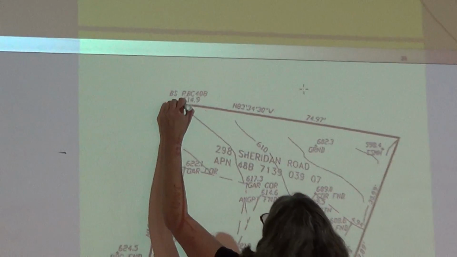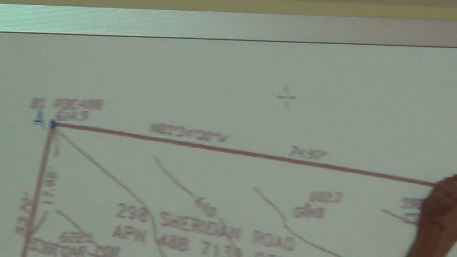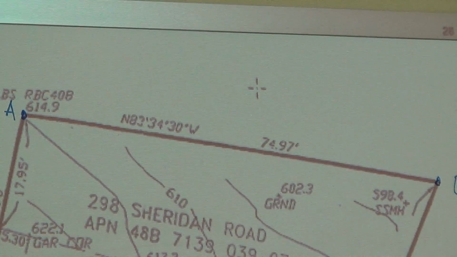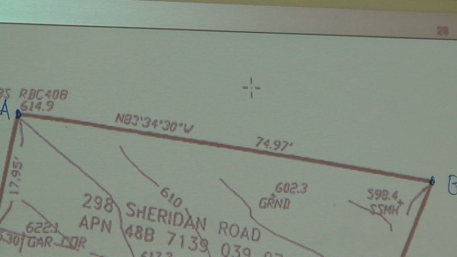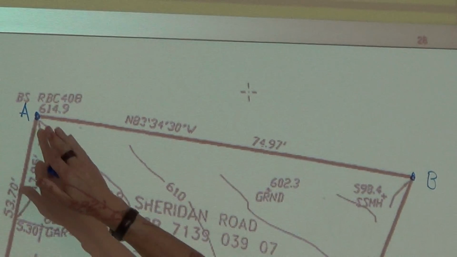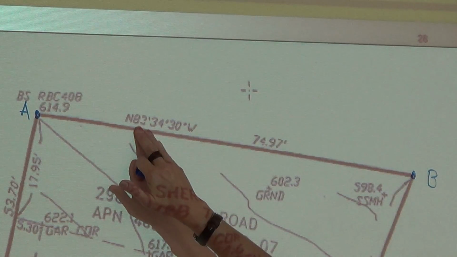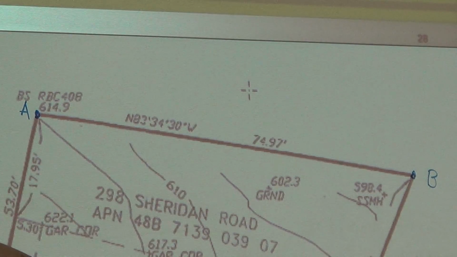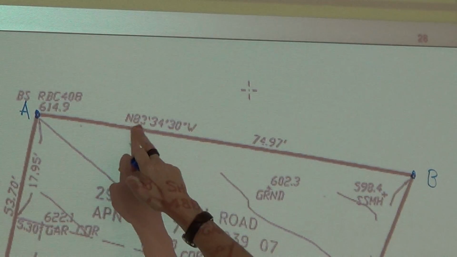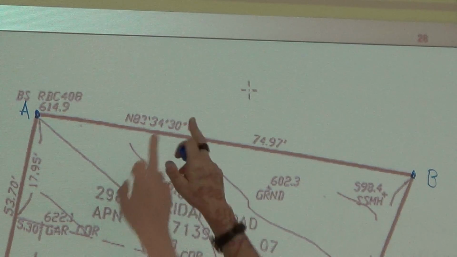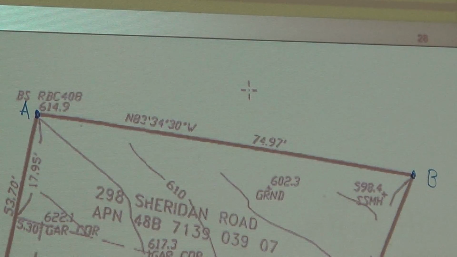Let's call this point A, and this is point B. Straight up. And the line going from A to B is northwest. So if I had to draw on the side of your notebook north, south, east, west, what is north 83 30? Which quadrant is it in? Is it in the first quadrant, second, third, or fourth?